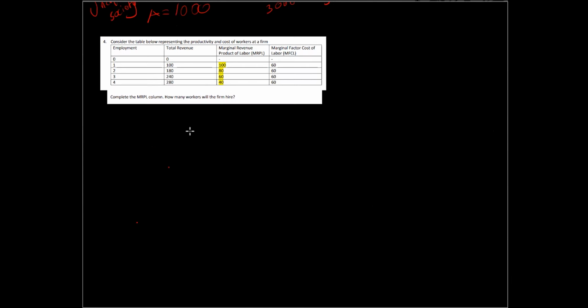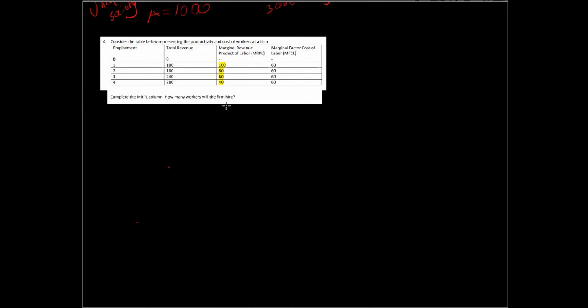Okay, so one stipulation here is on the exam, you won't be given this column. You'll have to calculate it, and we'll do that as we go. Additionally, you don't necessarily need the marginal factor cost of labor column if I tell you that the labor market is competitive and what the wage rate is.